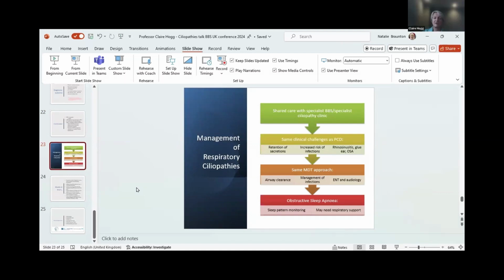If we find that they've got those abnormal cilia findings and they have a clinical picture of PCD, we would admit them into the PCD clinic, and then we would have a shared care arrangement with the specialists looking after them, such as in the BBS clinic. And when they get into our clinic, the focus is about how do we manage their airway clearance. So the retention of secretions leads to recurrent infection and then scarring in the lungs. So airway clearance is an absolute key for these patients.